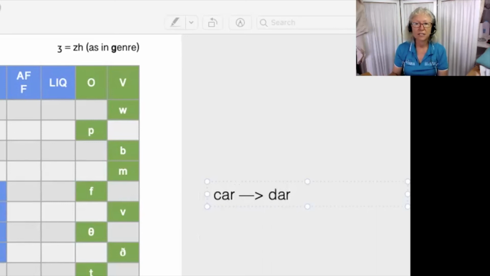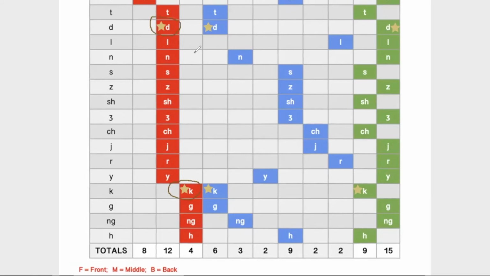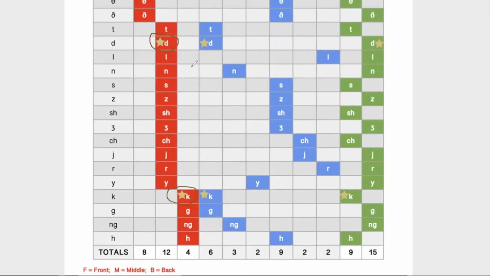So when a child does that, what are they actually doing? The child that's saying da for car, what are they doing with place? They're taking the back k and moving it to a middle position. And what are they doing with voicing? They're taking a voiceless sound and moving it to a voiced sound.